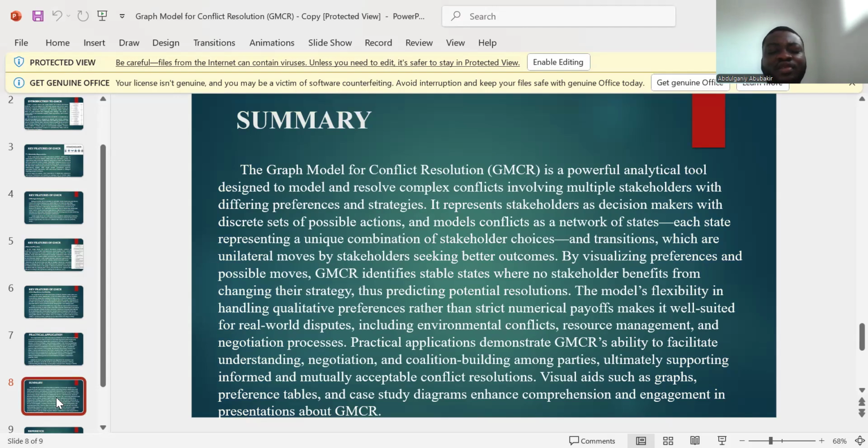This is what GMCR is all about. And maintaining equilibrium, like every decision maker will be satisfied and contented with what the decision finally is, which makes GMCR the best decision making tool for any kind of conflict.